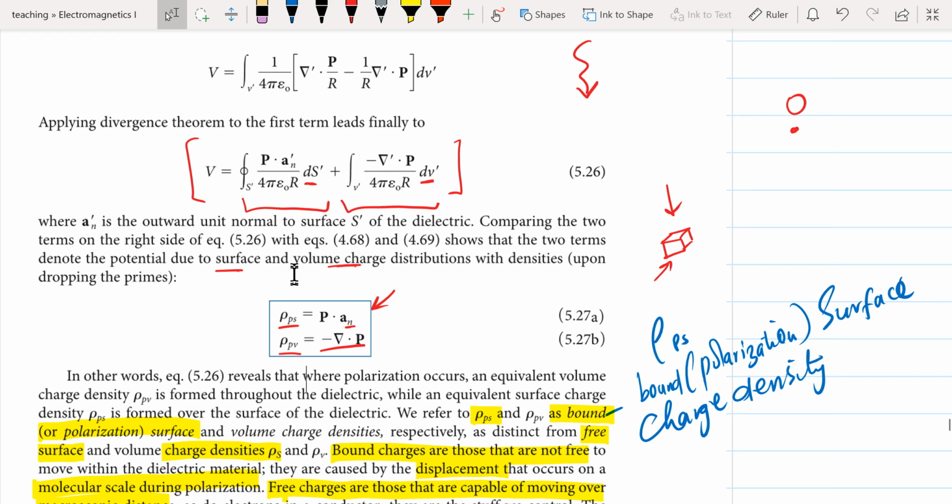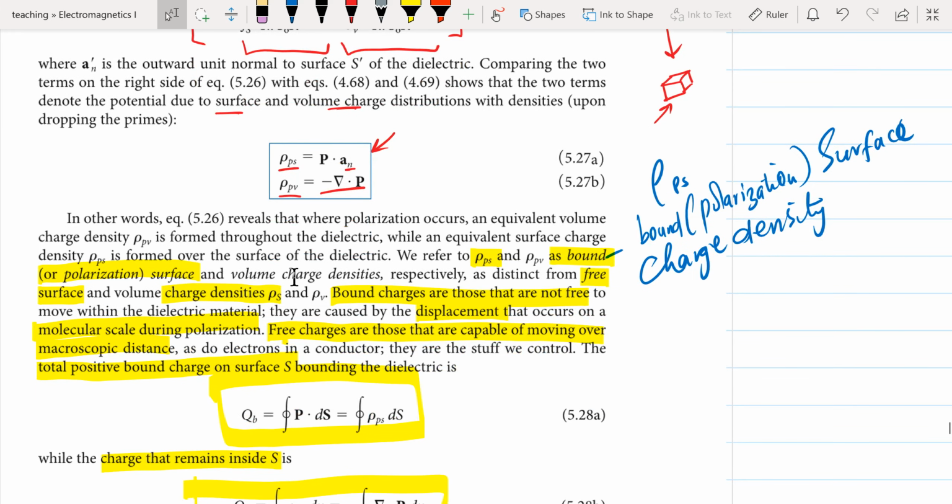then we can make our final conclusions in regard to the effect of a dielectric on the electric field in a dielectric.